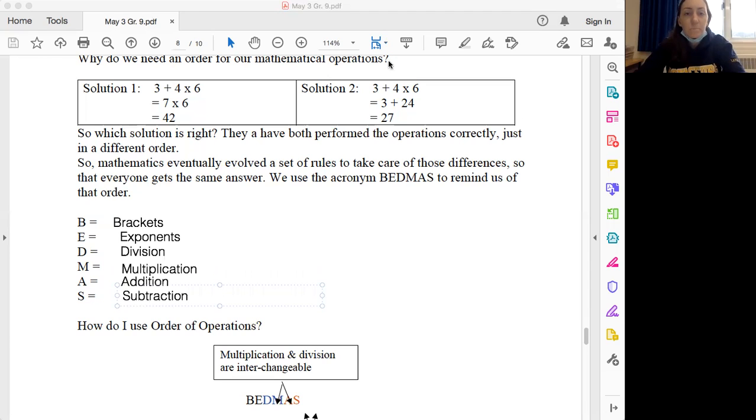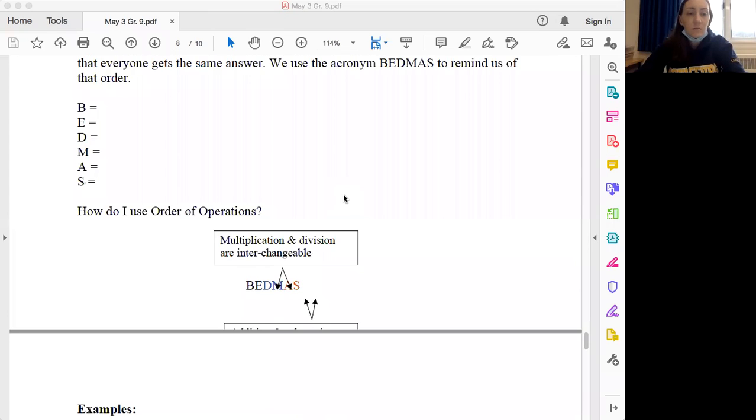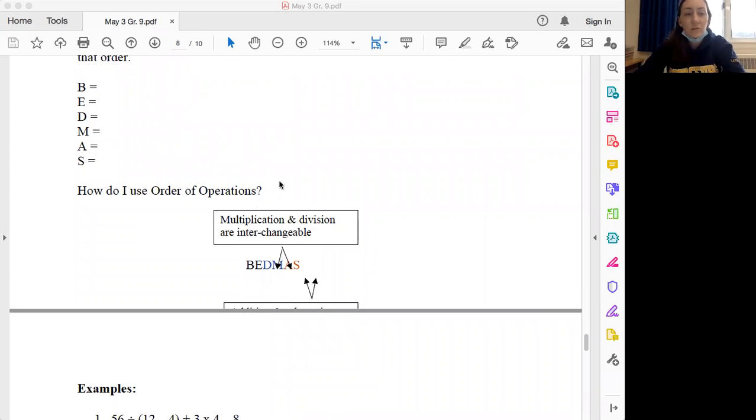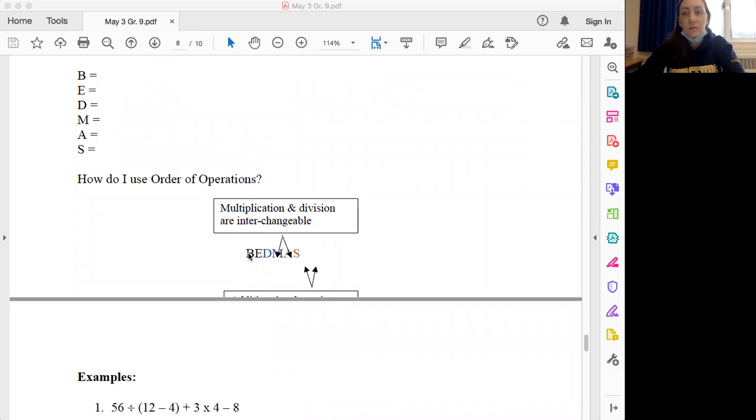Okay, so I'm going to erase this and I'm going to move down the page. So how do we use orders of operations? Like I said, you follow the order of it. So you're going to look at the equation. Does it have any brackets? No, yes. If yes, then you solve. Then you move on. So you do the exponents.